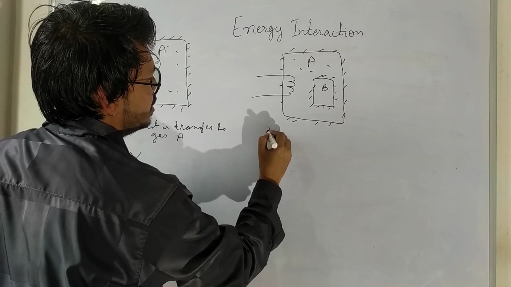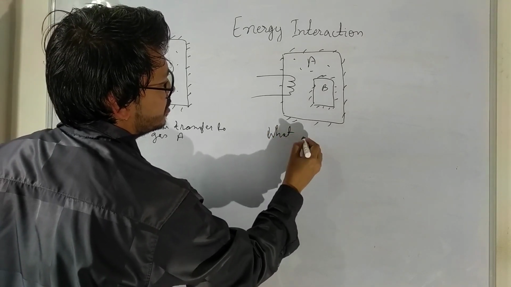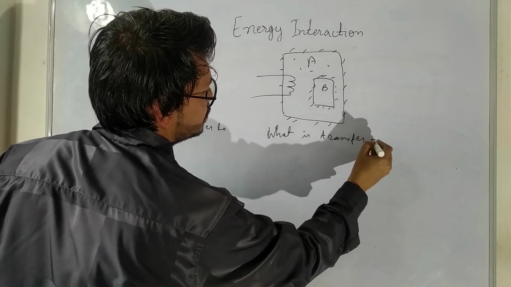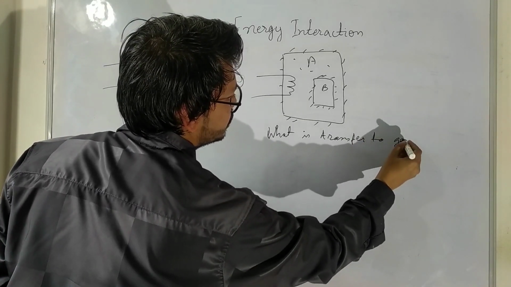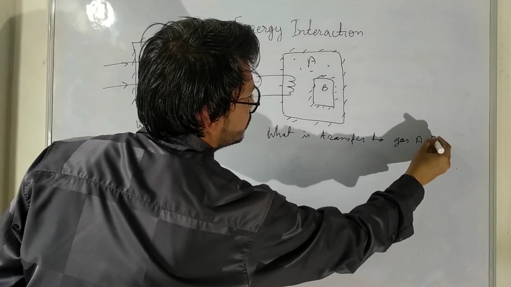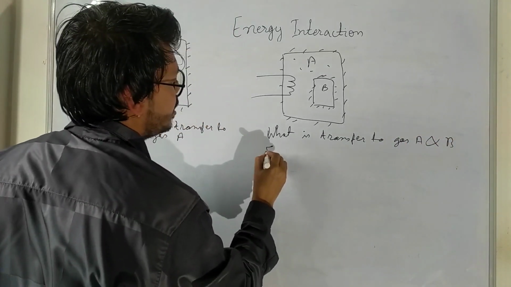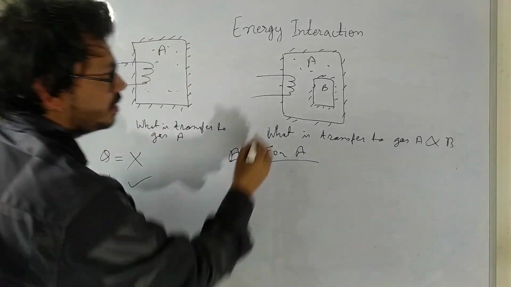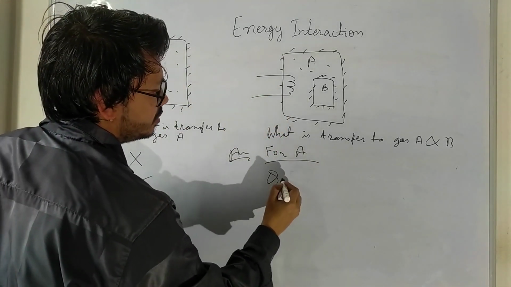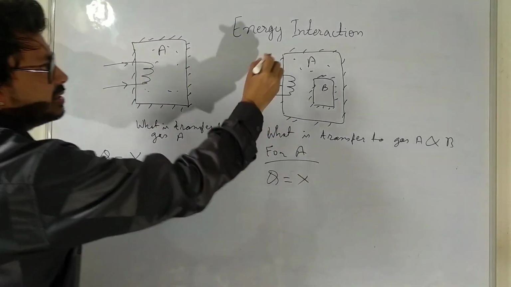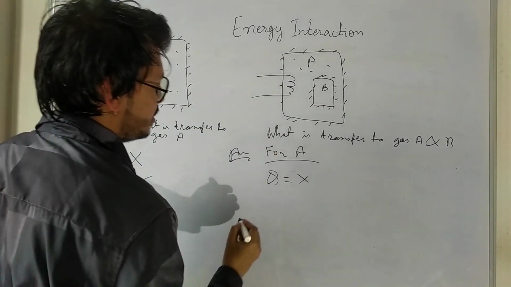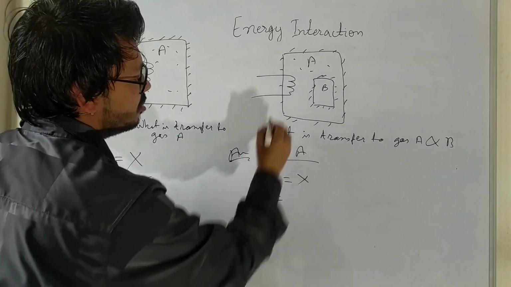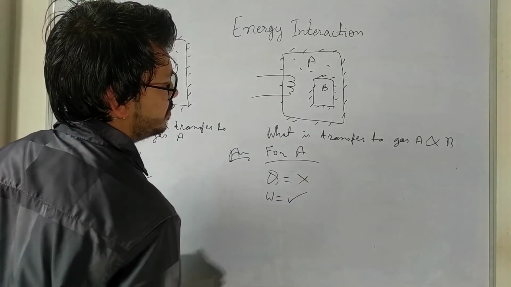Tell me now, what is transferred to gas A and B? For A, is there any heat transfer? No. Since it is insulated, there is no heat transfer. Is there any work transfer? Yes, work is crossing the boundary, so this is work transfer.